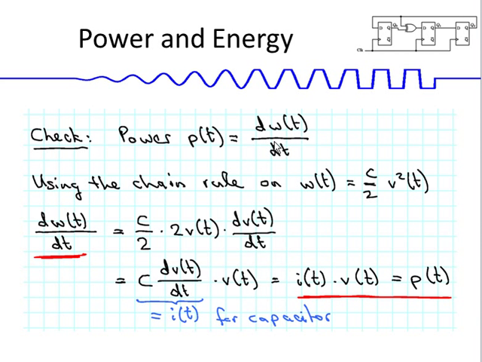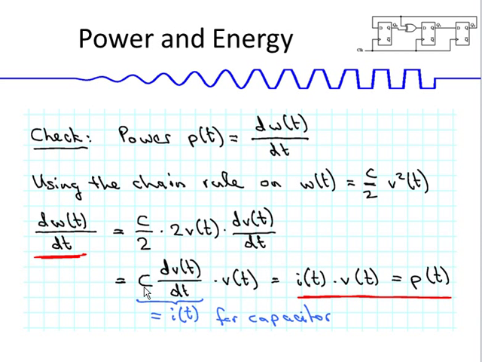So using the chain rule on that formula for the energy, we obtain dW over dt is equal to C over 2, and then the derivative of that V squared of t. So applying the chain rule, that's 2 times V of t times the derivative of V of t. So that's spelled out here.